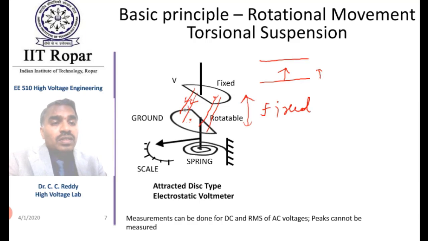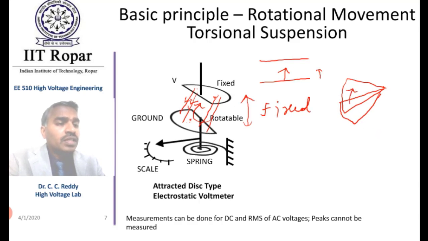This will attract this electrode and it starts rotating to increase the area of alignment. I will show you from the top view. Initially they are a little bit aligned. Now this alignment will tend to increase, and then depending on the force, because the spring is opposing the movement.